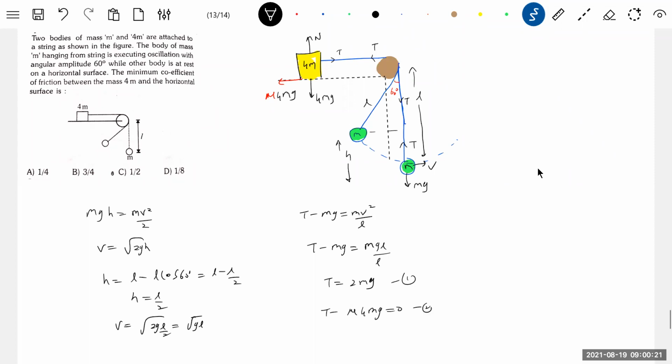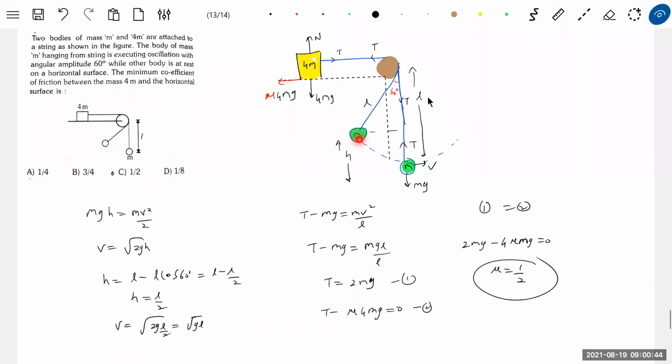Equating these two, mu equals 1 by 2, we'll get.